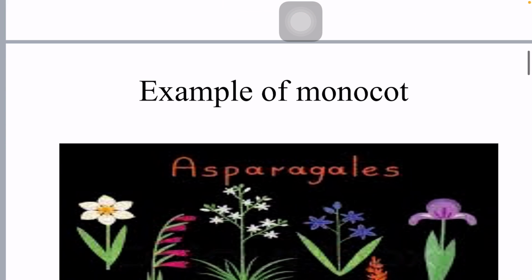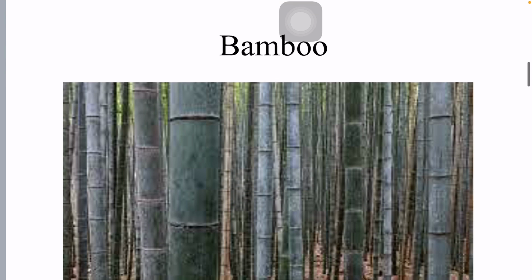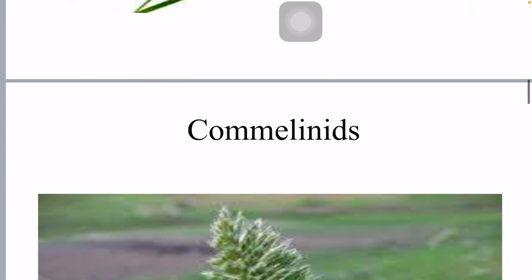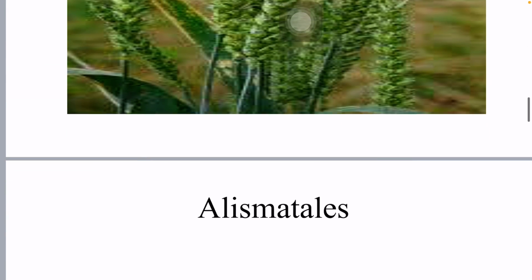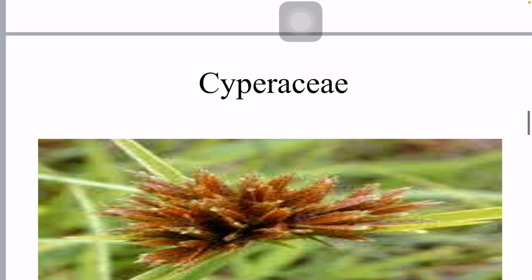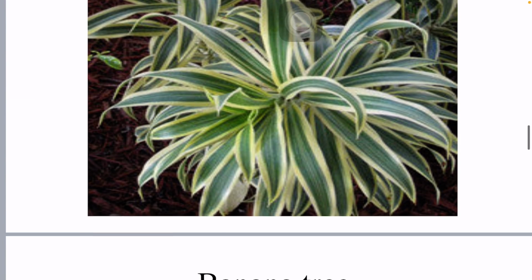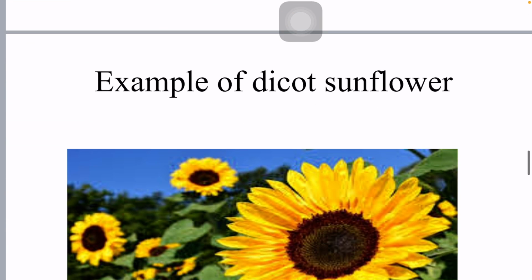These are the examples of monocot: asparagus, bamboo, grasses, commelinids, poales, alismatales, cyperaceae, asparagus family, banana tree, iris family.